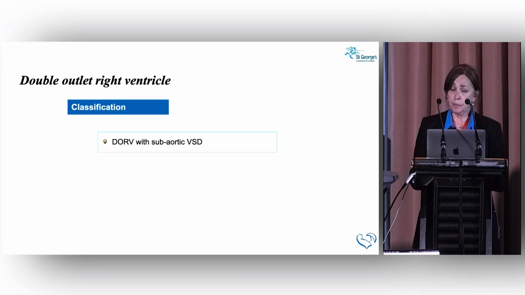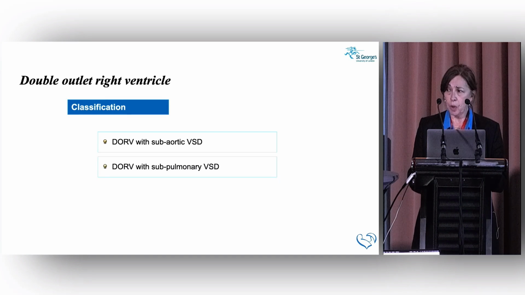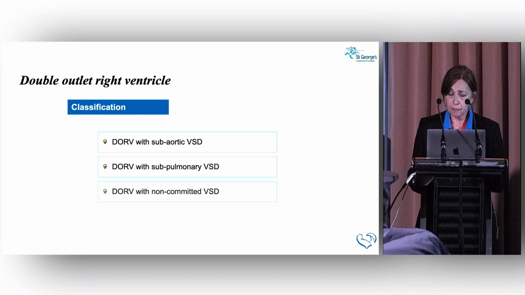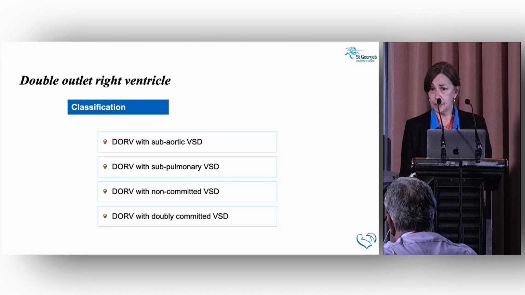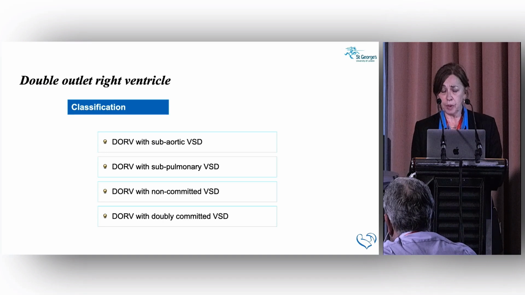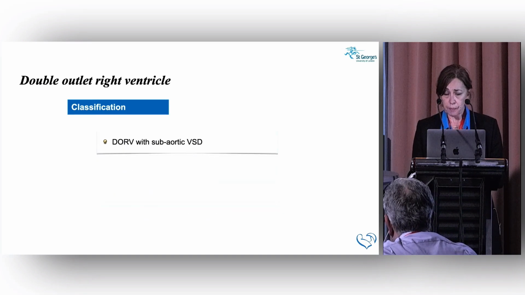So what are the types of double outlet right ventricle? We have double outlet right ventricle with subaortic ventricular septal defect, subpulmonary VSD, non-committed, and doubly committed. So we're going to try and go through each one of them and give you some examples.